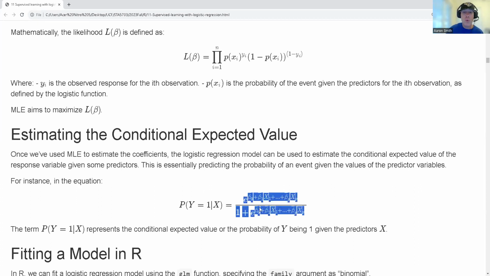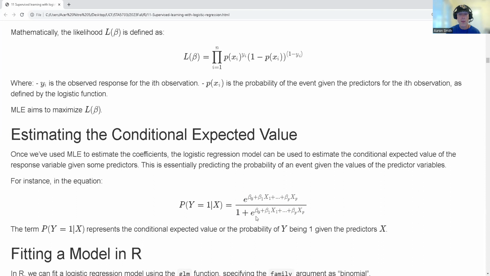This will be super, super close to 1 if the exponent is very, very large. Now think about the opposite direction. What if this value here, the exponent, is large and negative? Well, if it's large and negative, then this e to the power is close to 0.